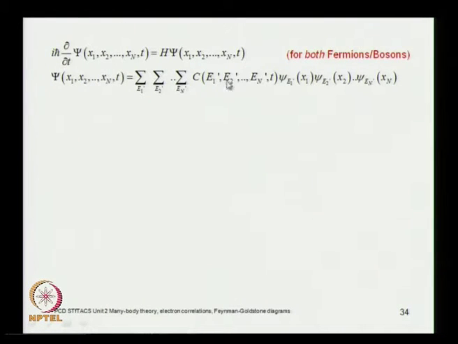So, this is your Schrodinger equation, and you can write it as a product of single particle functions. Look, the coefficient will of course depend on these quantum numbers as well as the time, but then a general n particle state which is being written on the left hand side will be a linear superposition of all of these possibilities, inclusive of a summation over E1 prime, E2 prime up to En prime.